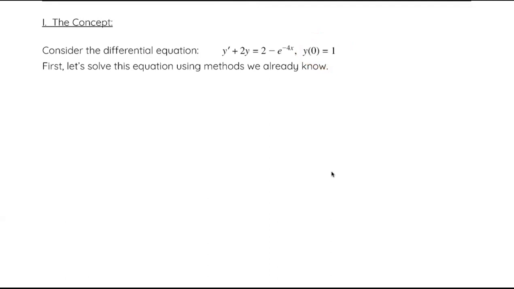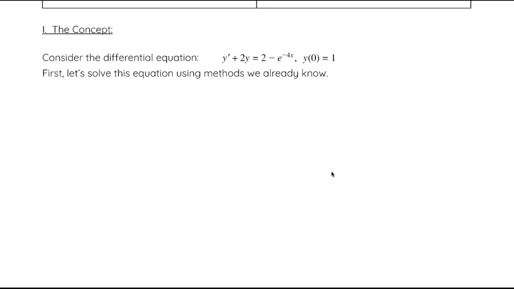And then we're going to see, using this method, what answer we get for a particular value. After that, we're going to approximate it using Euler's method, and we'll see how close we get with our approximations.